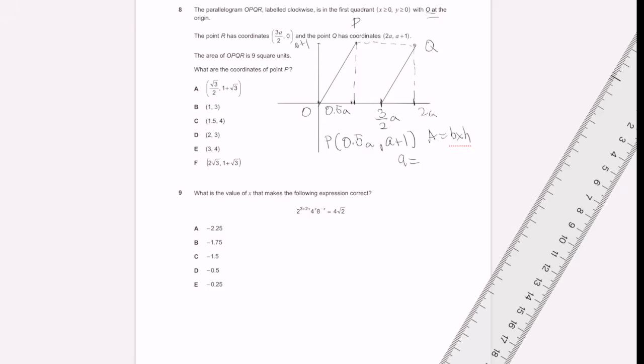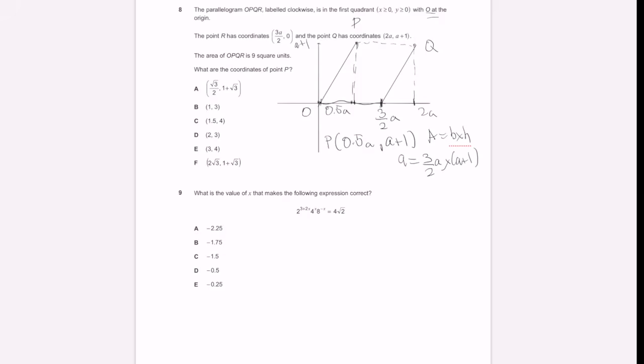Well, what is the length of the base? From here to here, we have 3/2 a multiplied by the height of it. Well, the height of it is just going to be a plus 1. We have 18 is equal to 3a times (a + 1).